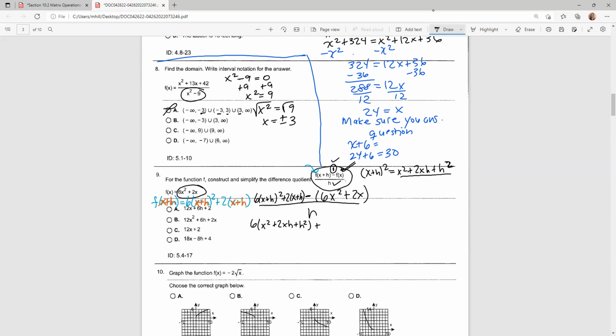I'm going to go ahead and multiply the 2 out here. So plus 2x plus 2h. I'm going to go ahead and distribute this negative to both of these things. So minus 6x squared, sorry, minus 2x all over h.